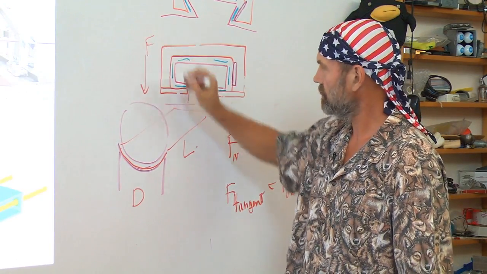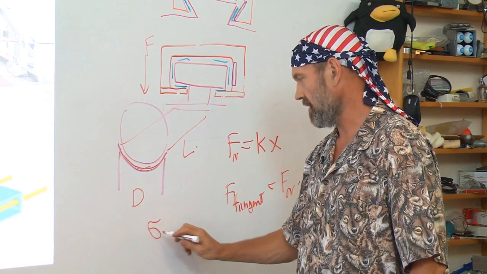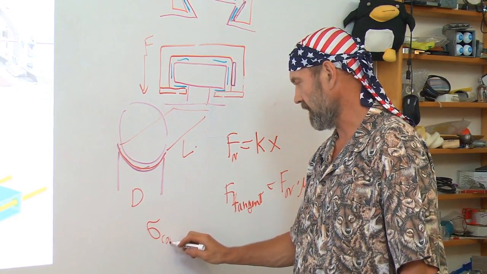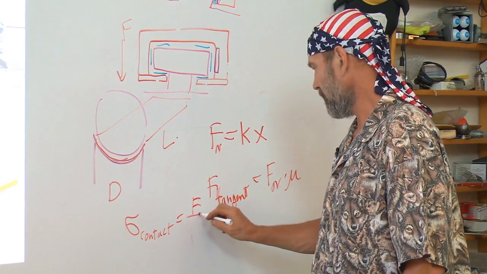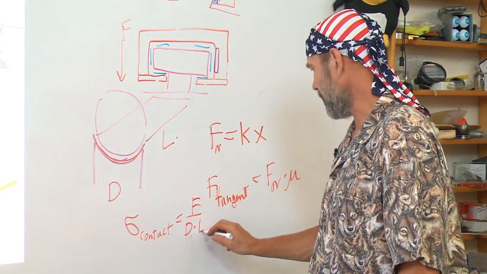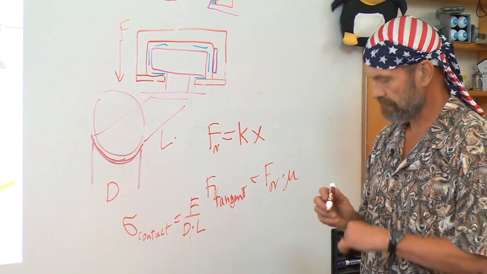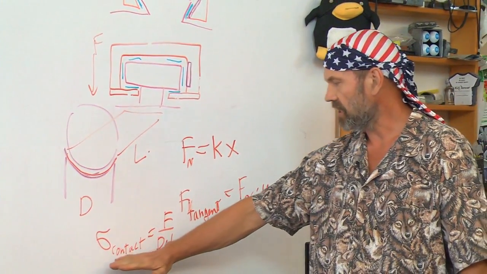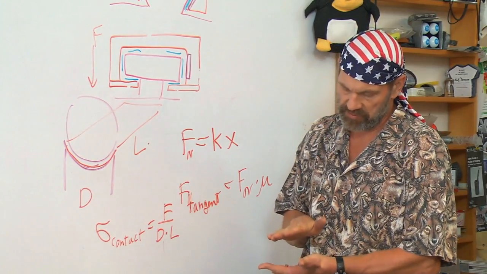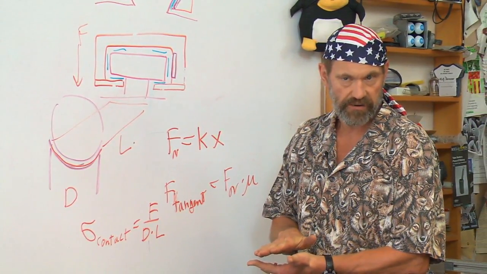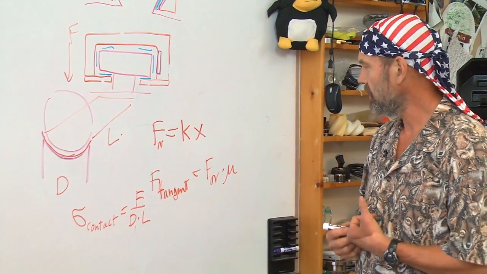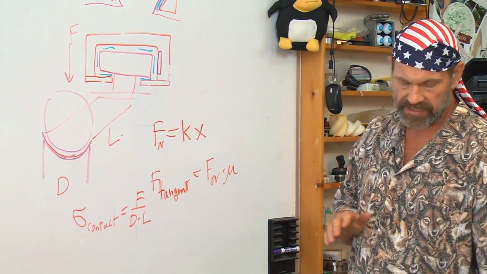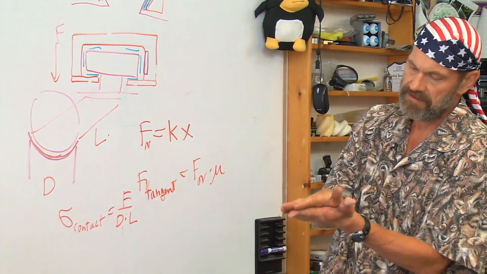Apply a force. And with a sliding contact bearing, I'm going to calculate the contact stress: force applied divided by diameter times length, which is the projected area. This contact stress has to be less than that which would cause mushing of the bearing, or yield of the material. And with a sliding contact bearing, no problem.